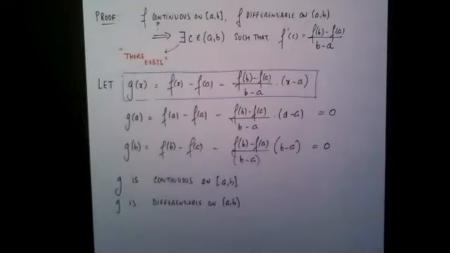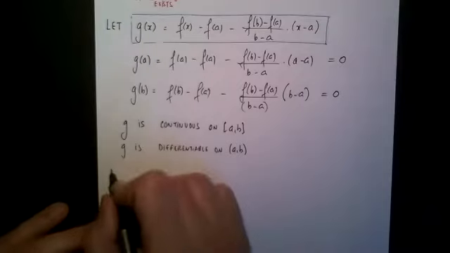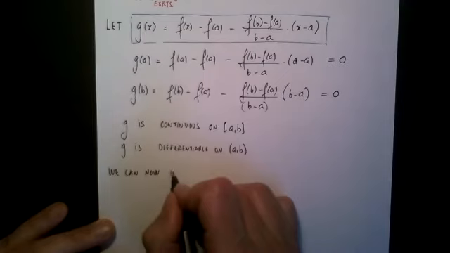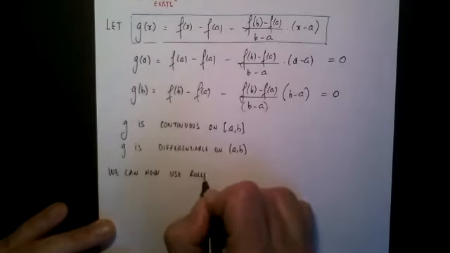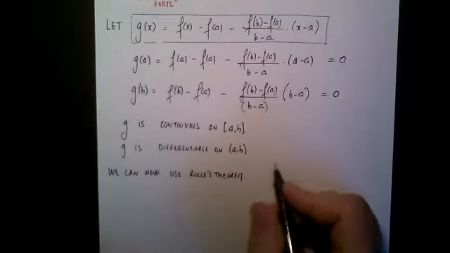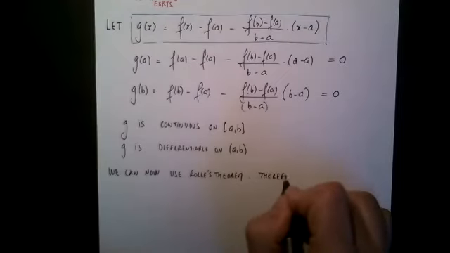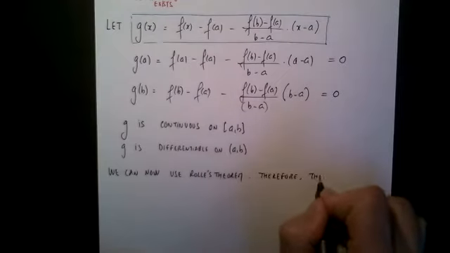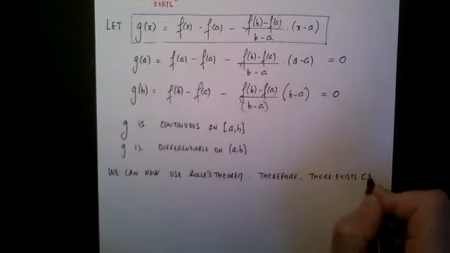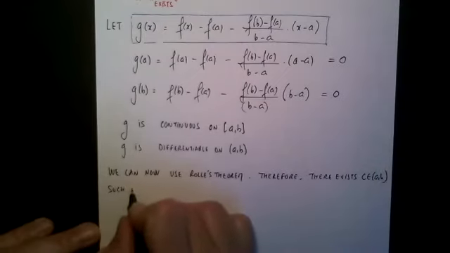So I'm going to write down here. We can now use Rolle's theorem, and therefore there exists a value c in (a, b) such that what?